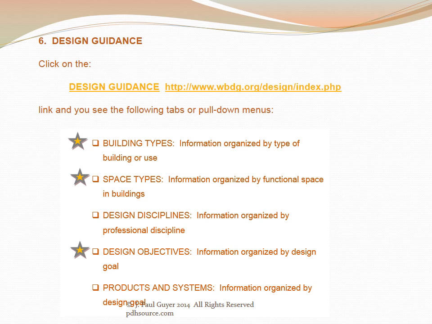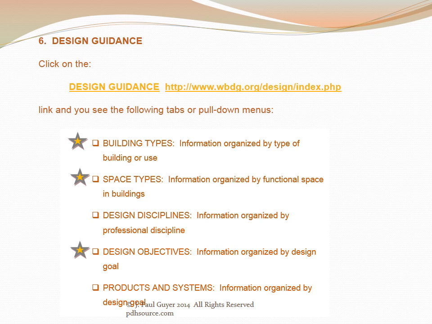and you will see that the following sub-menus or pull-down menus are available: building types, space types, design disciplines, design objectives, and products and systems. 3 of these have some material of moderate value: building types, space types, and design objectives.